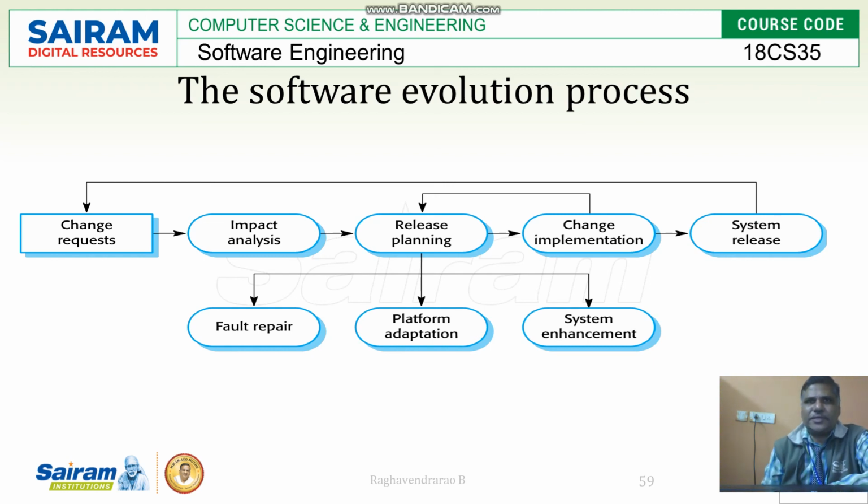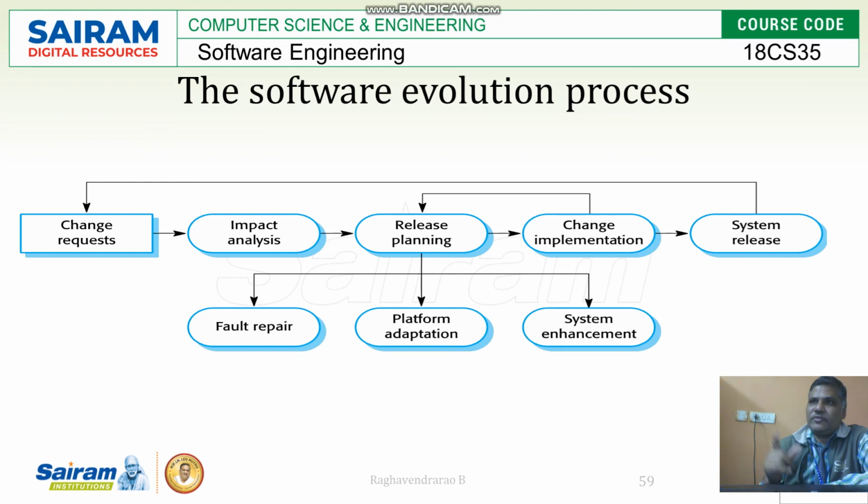Here it says: change request will be given, then impact analysis of the change request, release planning, change implementation, system release. Release planning has fault repairs, platform adaptation, then system enhancement.